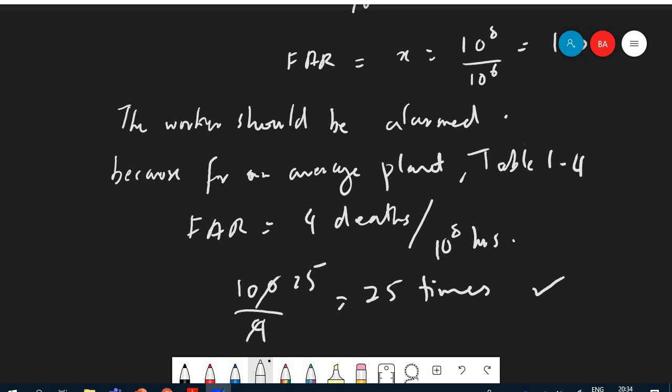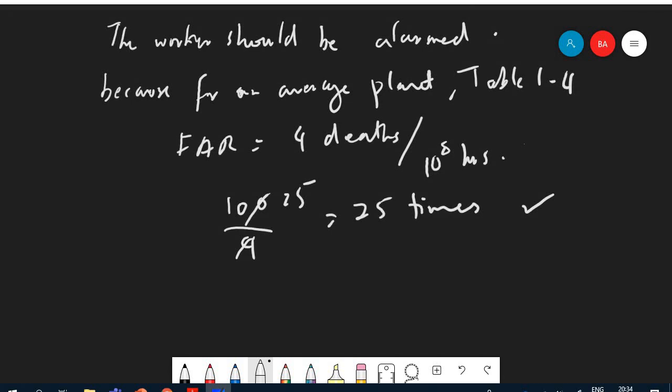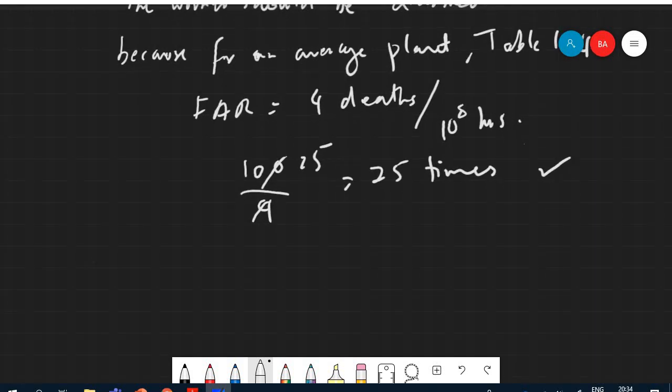So again, this is what we have. But actually, if you want to calculate it per year, because here we are talking generally about 10 to the power 8 hours, we can calculate how many deaths per year, and then how many years per death, the number of chances for that year of exposure.